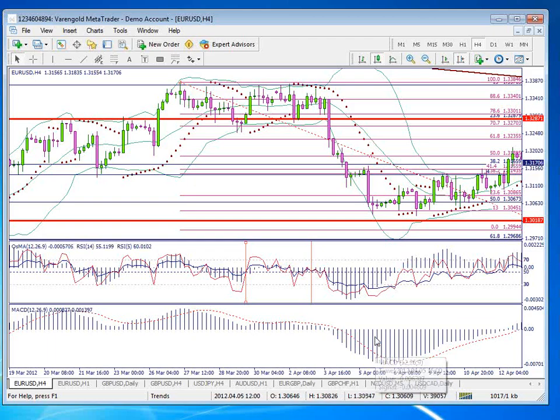When the red line is going under the 0 level and the histogram starts to form bars under the 0 level, it means that for a period we will be in a downtrend.